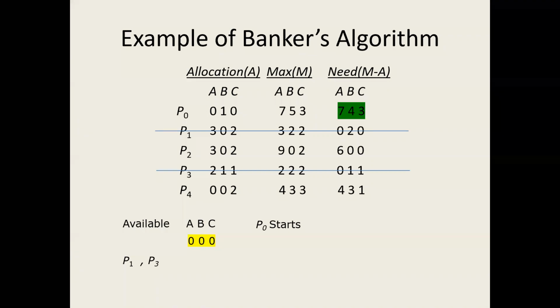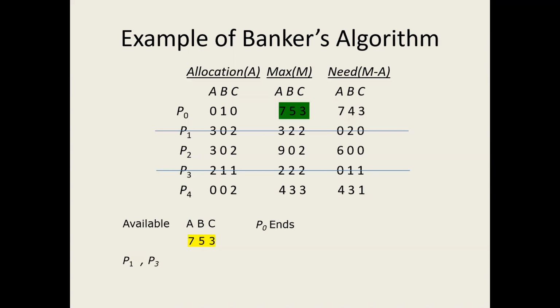So P0 will start the execution, and then P0 will complete and release the resources back. Right? After P0, now you can see the sequence is P1, P3 and P0.